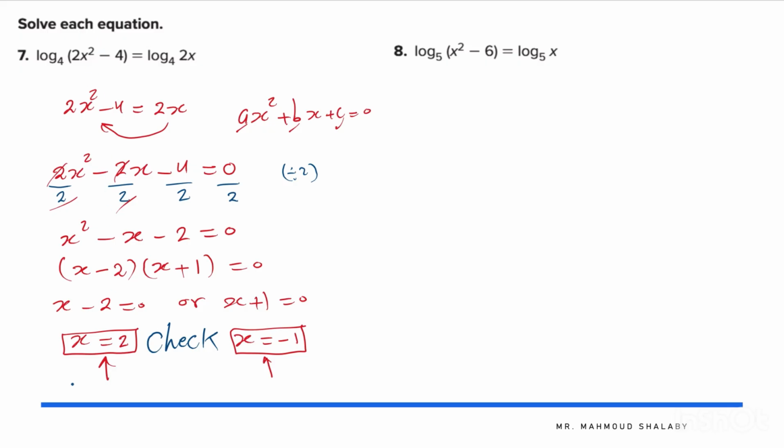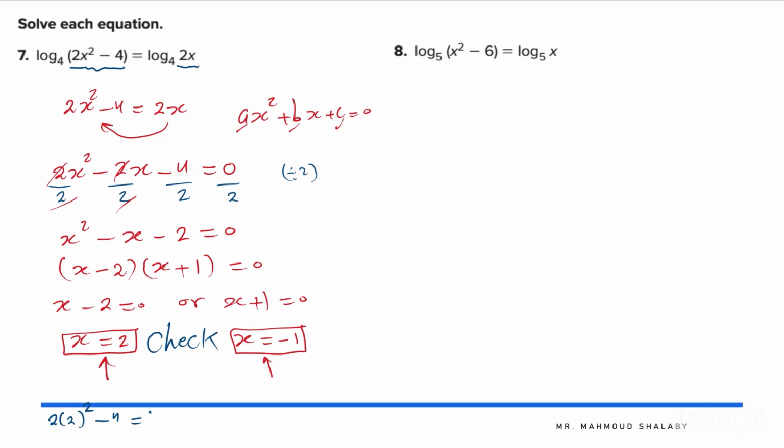So if it's a 2, I need to check these two values, both sides. For example, I will start with this one here. When I substitute by 2, it will be 2 multiplied by 2 to the power of 2, which means I replace x by 2 in the first expression on the left side here, minus 4, and solve this with the calculator.